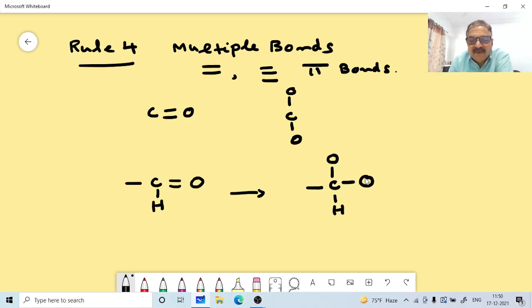Okay, 2 single bonds. Now on each single bond there is an oxygen. Now this oxygen is also bonded by a double bond to this carbon. Therefore this carbon is to be repeated. So this oxygen is to be considered as bonded to 2 carbon atoms.